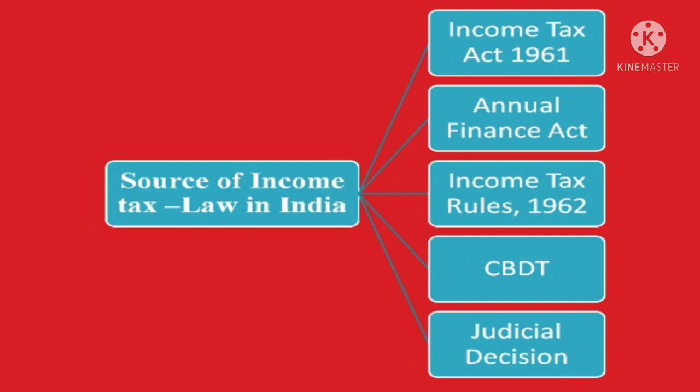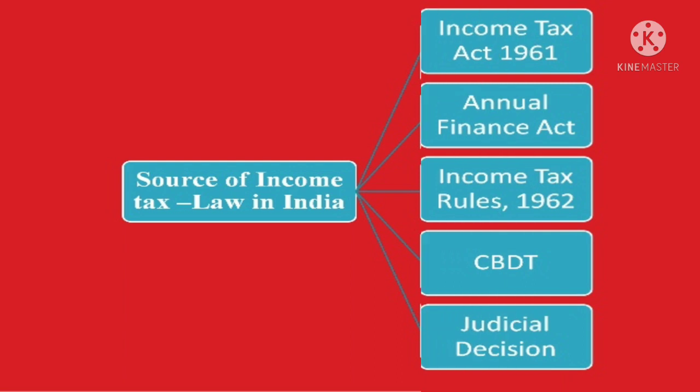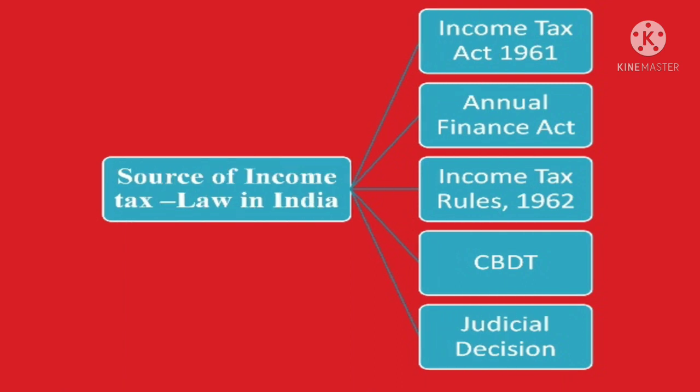Then comes the 5th point, the judicial decisions, that is, the decisions made by the court regarding income tax matters. So all these 5 points are the things to be taken care of by the income tax authority while executing the functions specified in income tax law upon the persons in India.